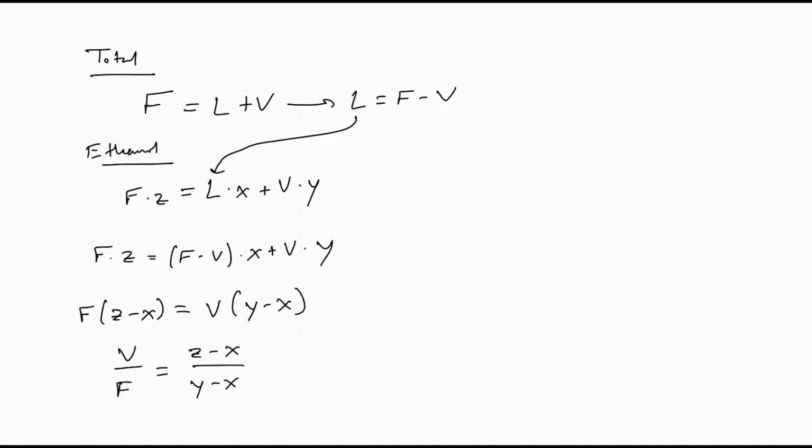Likewise, we can do the same thing for L over F, and I'll encourage you to do this derivation yourself to figure out what it becomes. You'll see that the liquid fraction will just become 1 minus this, right? So what would that become? That would become (y minus z) over (y minus x).